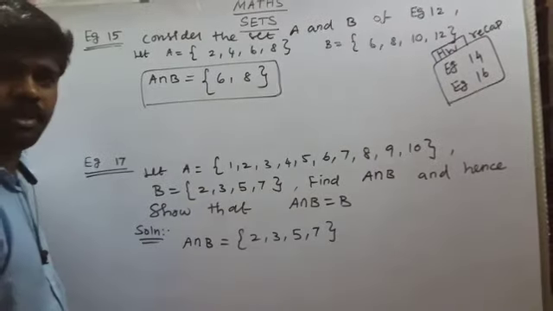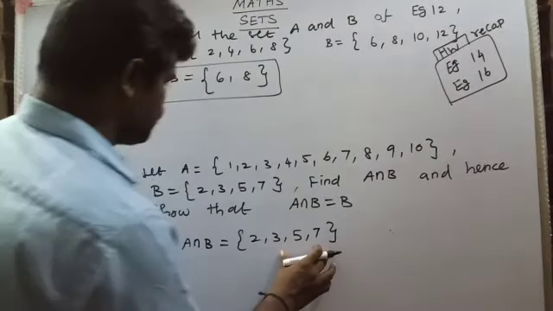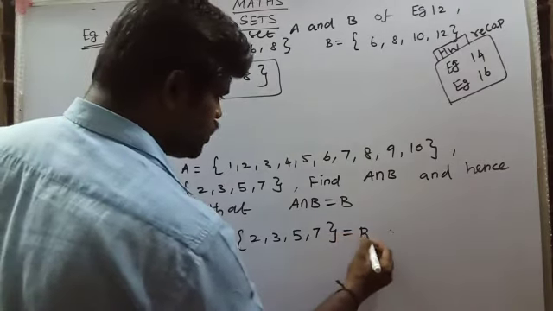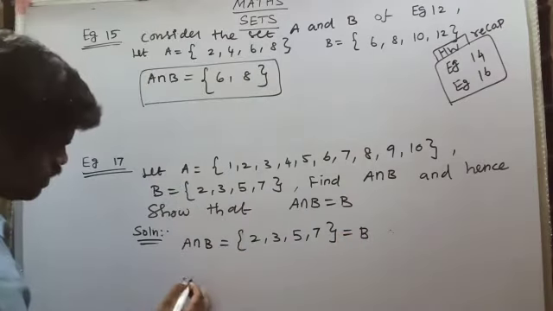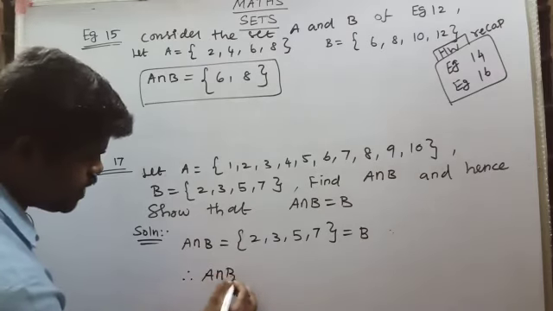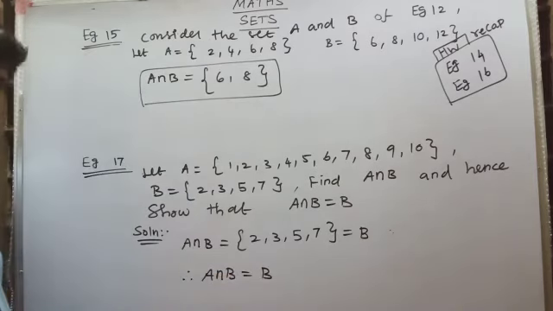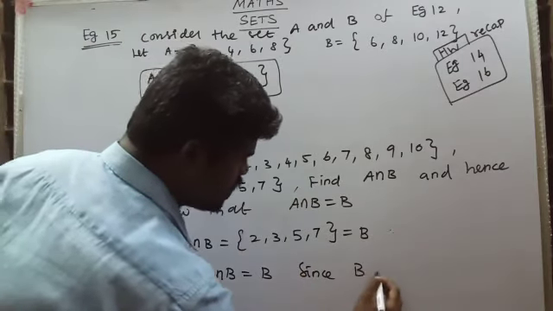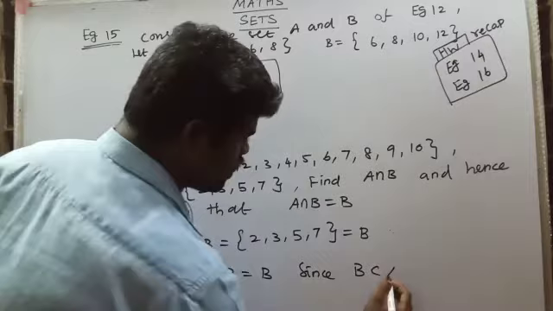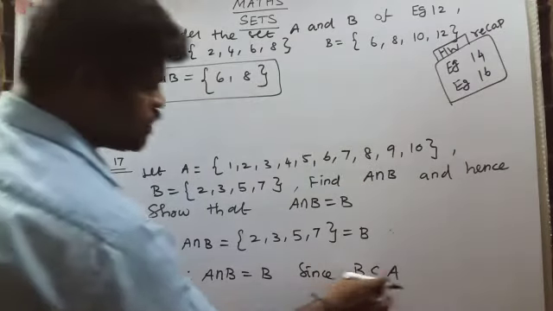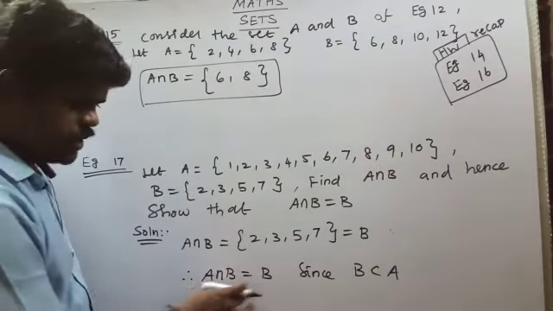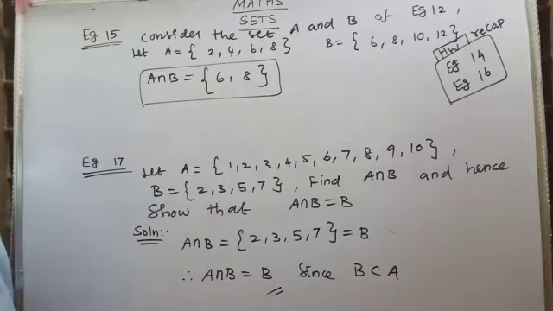This A intersection B is considered as B, which is equal to the set B. If B is a subset of A, the intersection value is the subset only. So A intersection B equal to B.